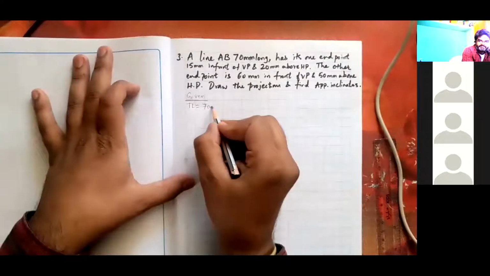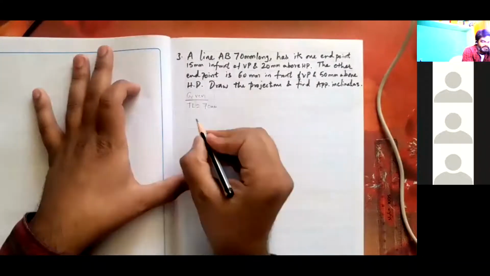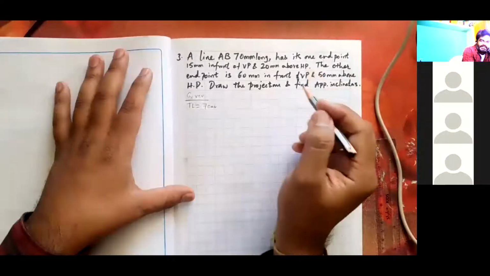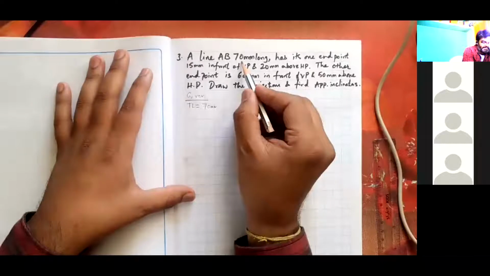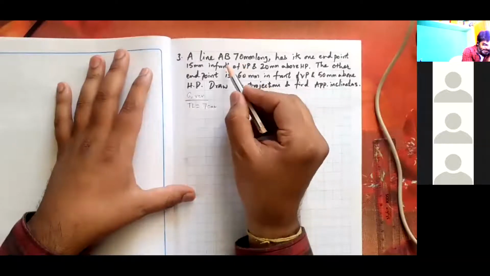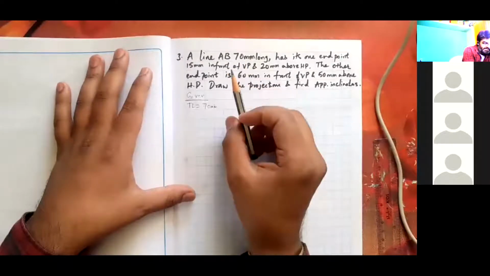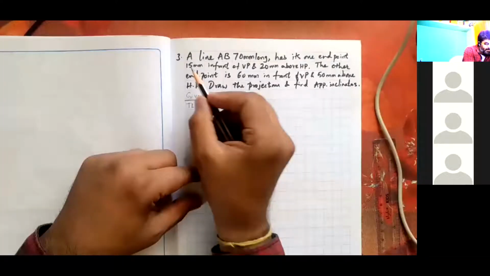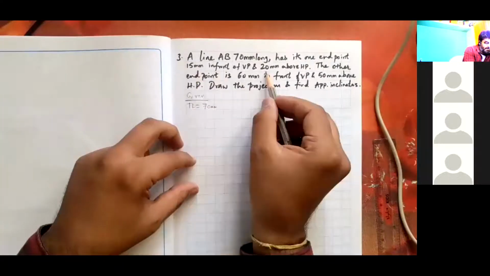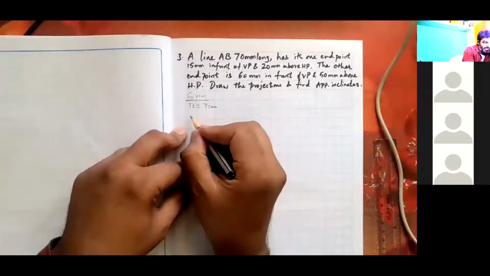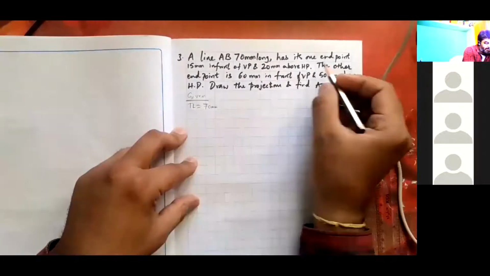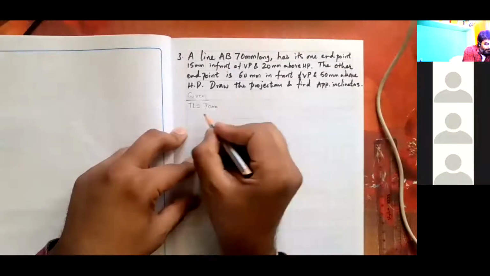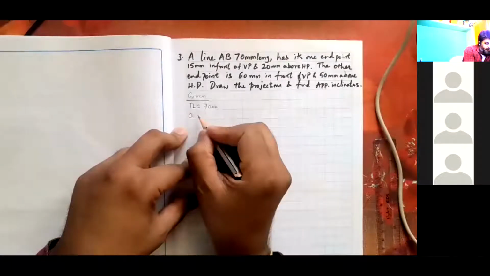See, first, very simple. Write down the numbers that are given to you. 70 is first seen, and the line name is AB, in capital letters. It may be PQ also, anything it can be. One of its endpoints is 15 mm in front of VP and 20 mm above HP. Let us assume one endpoint A is 15 mm in front of VP, and A dash is 20 mm above HP.